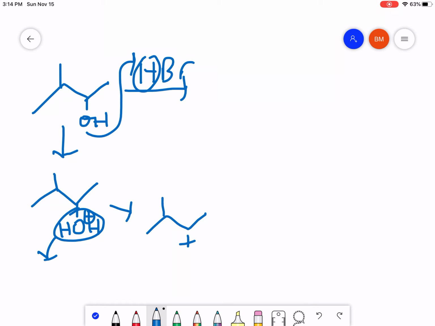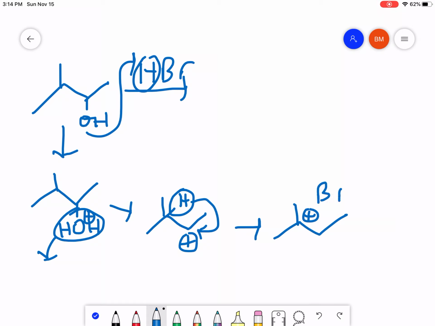All right, so we have our secondary carbocation. We've seen before that we can have a rearrangement. In fact, we saw this exact one in a previous example. The difference here is that instead of getting an elimination, our nucleophile attacks, and we get this product.